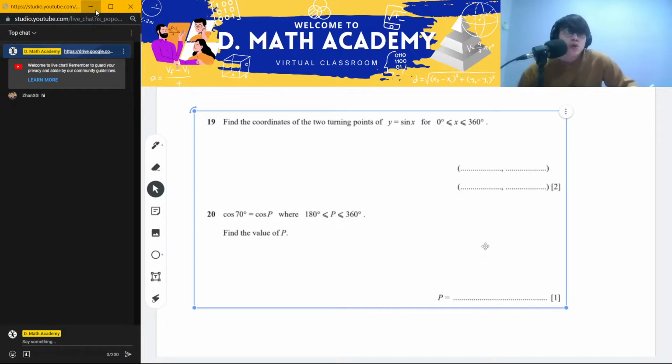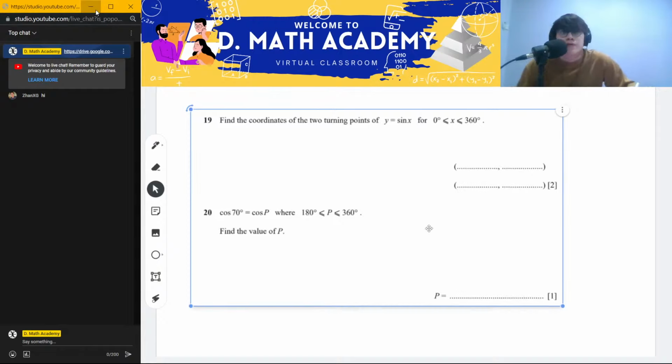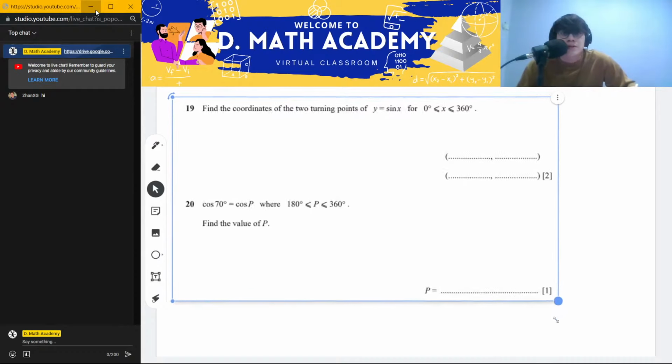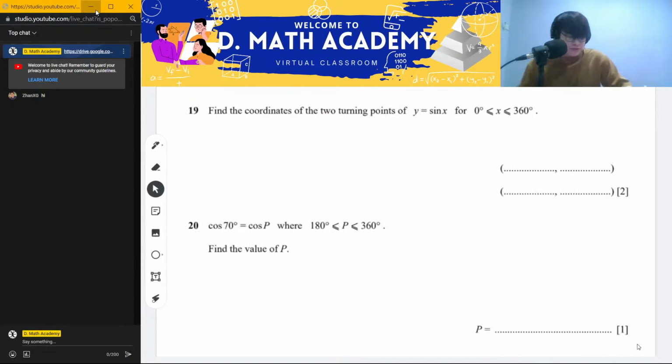So in question 19 here, if you are unfamiliar with this, you need to get 3 fundamentals, right? Which is how your sine, cosine, tangent graphs look. If you draw the basic sine graph, you need to know that this is how it ends. It ends at 360.